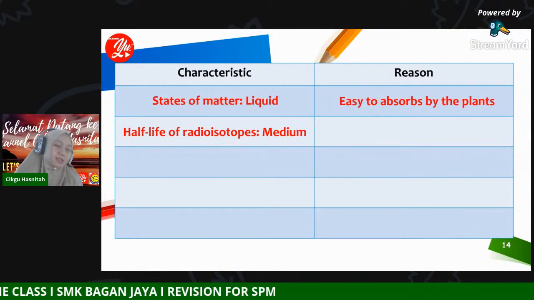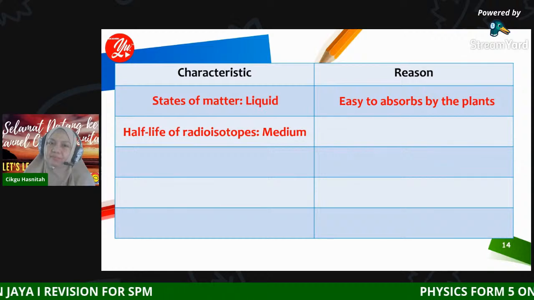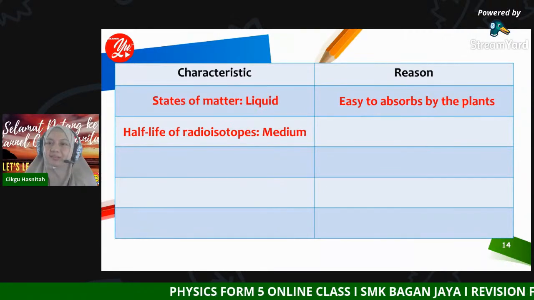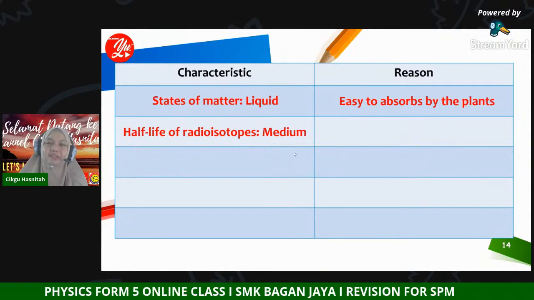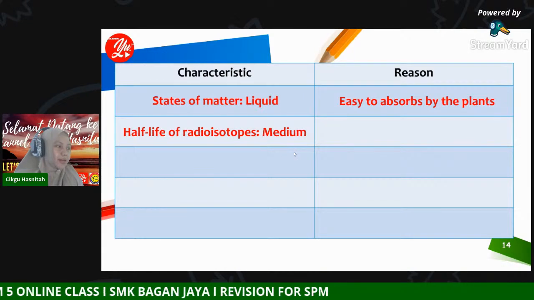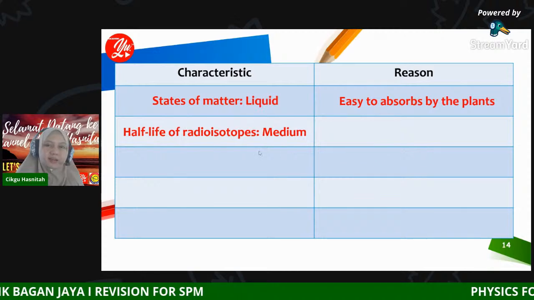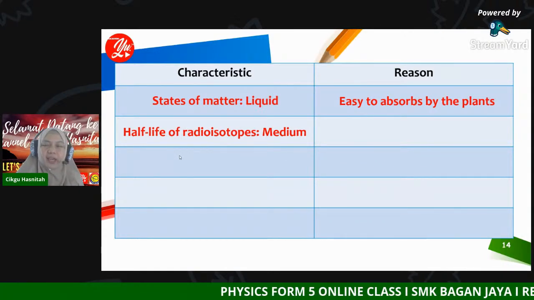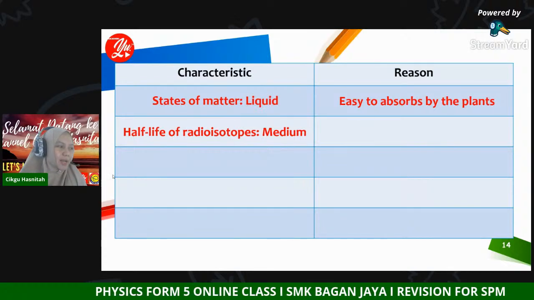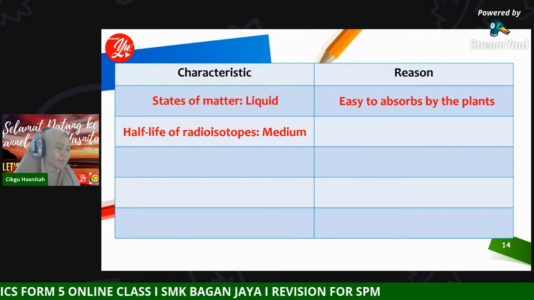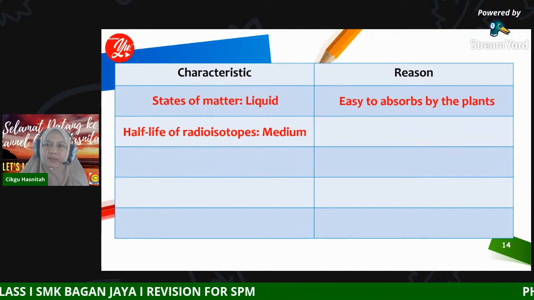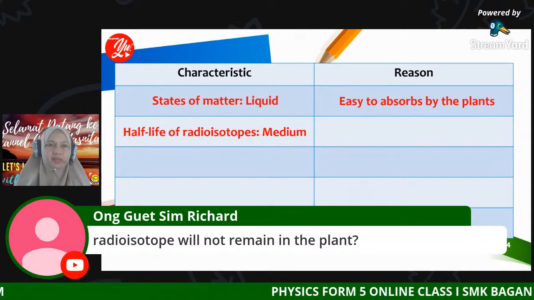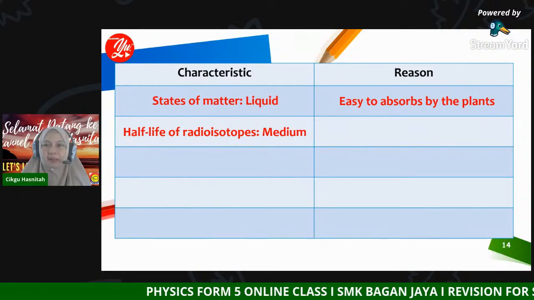The reason is so that... anyone? Radioisotope will not remain in the plant. Jinjie said radioisotope will not remain in the plant. Any other answer? Ada jawapan lain? This can be accepted. Boleh diterima, radioisotope will not remain in the plant.